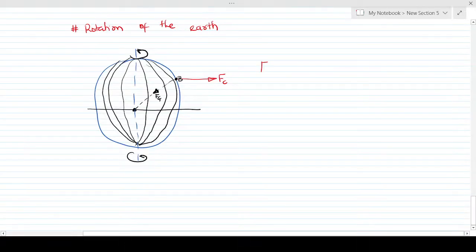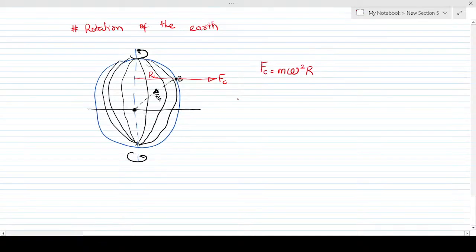Now, what is centrifugal force? It's given by the mass of the body, then the angular velocity of the body squared, then the radius of latitude. Now, the radius of latitude is the distance from the axis of rotation to the point where the object is. So this is the radius of latitude.